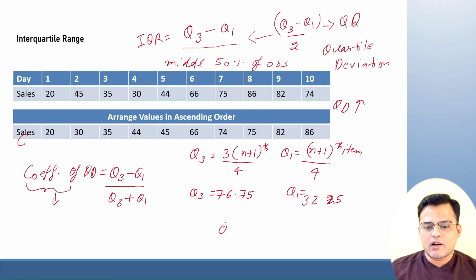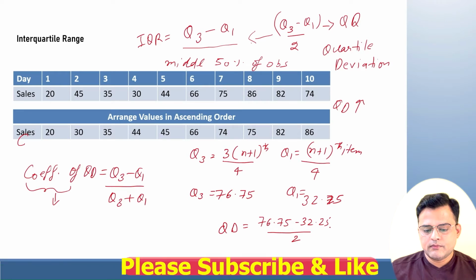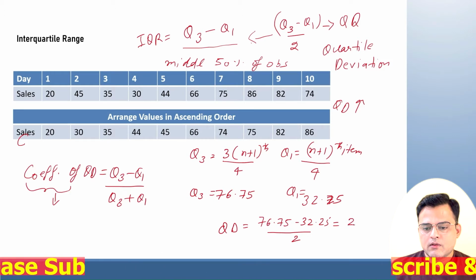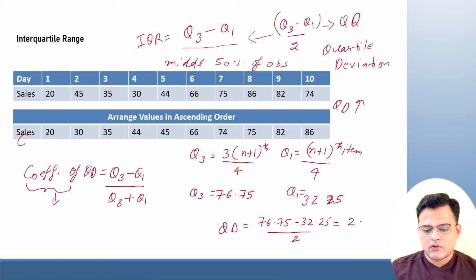So my quartile deviation is equal to the difference between the two, which is 76.75 minus 32.25 divided by 2, which is 22.25. This is your quartile deviation.